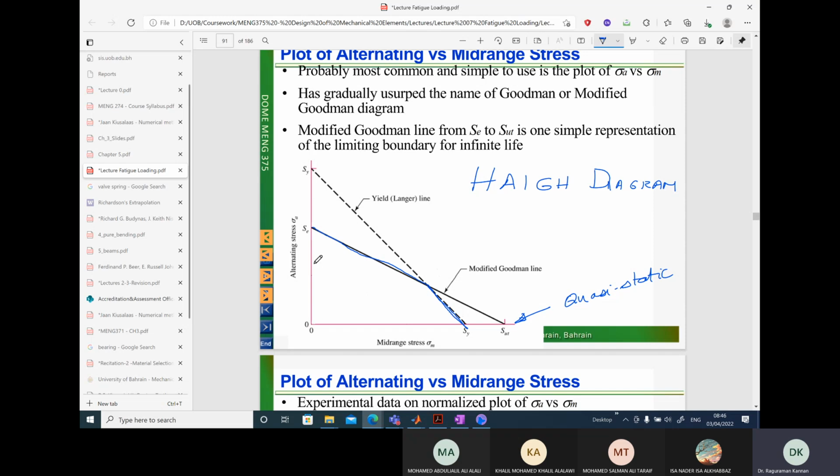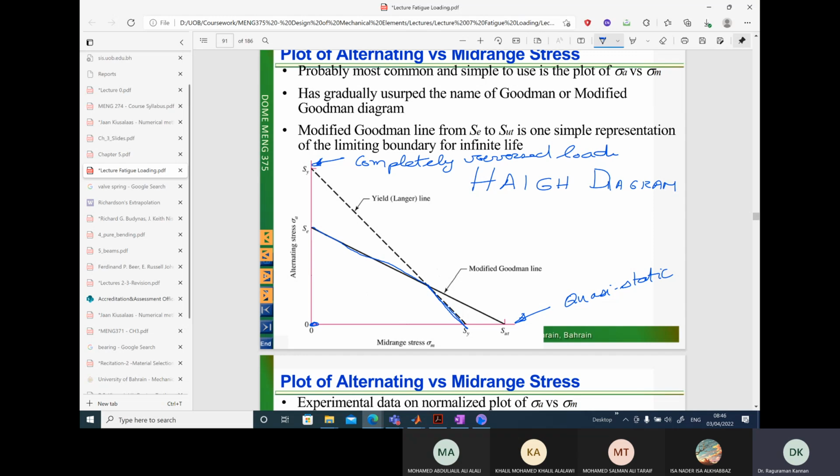The y-axis represents a completely reversed loading because my mean stress is 0, but my amplitude of stress is increasing. It is always positive. Remember, amplitude of stress is always positive. So if I am on the y-axis, this is equivalent to the completely reversed loading case.